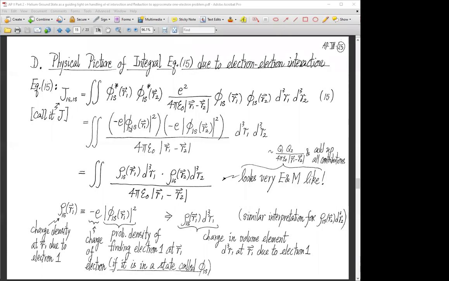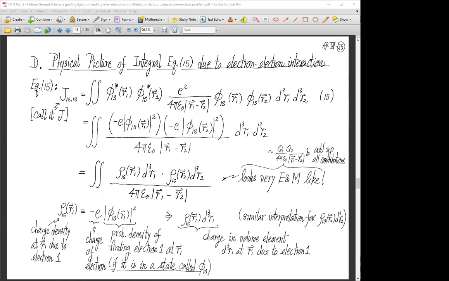Let's continue. And now we get to a big idea in this part. Here, I will just take the integral that we need to do in either the first order perturbation or in the variational calculation.